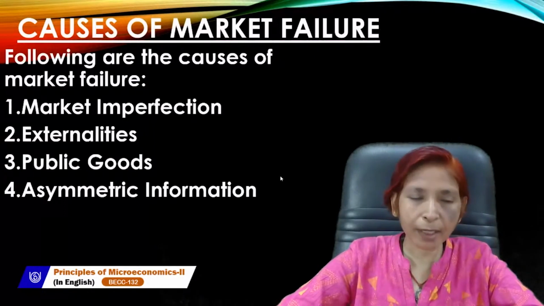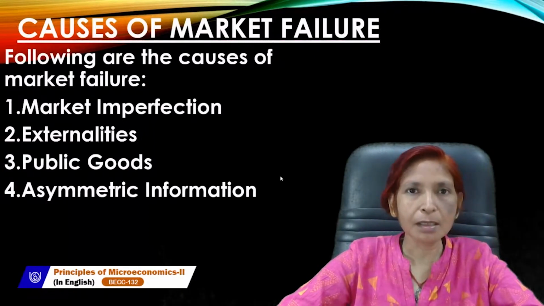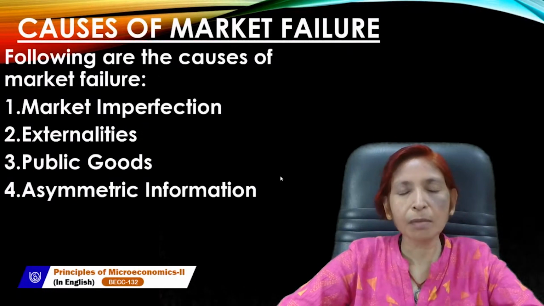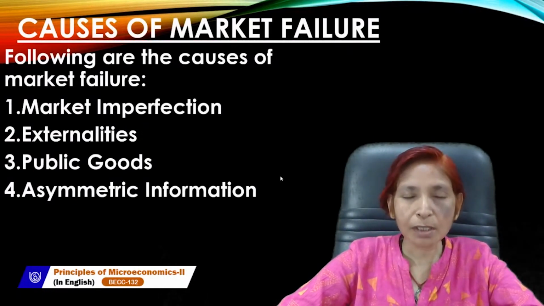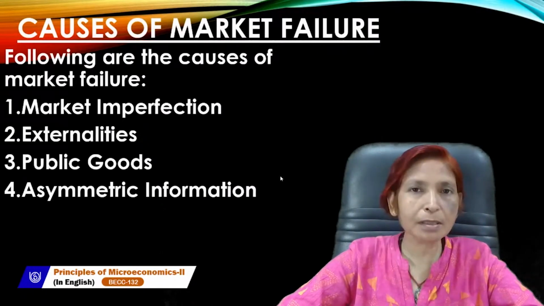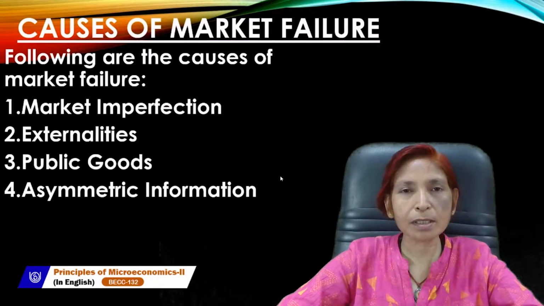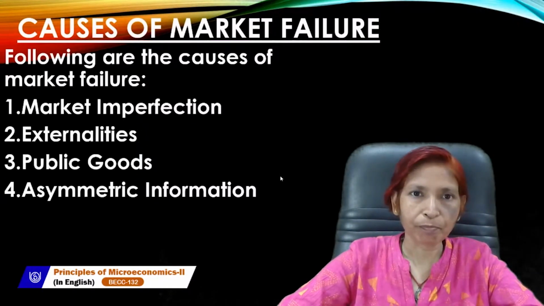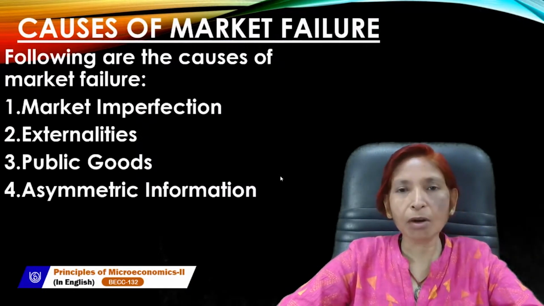So only the perfect competition market is called a successful market, in which allocation of resources is efficient and consumer surplus and producer surplus both exist. But what are the main causes?